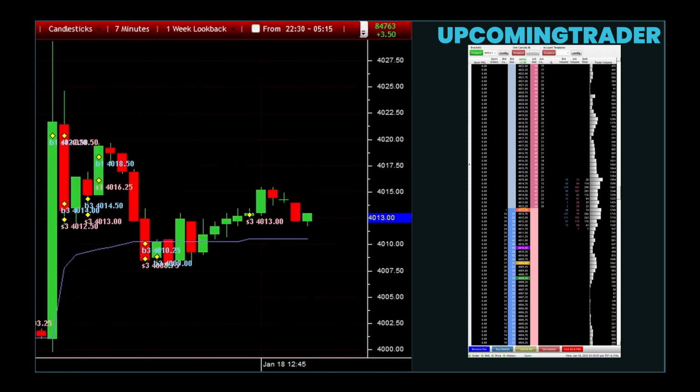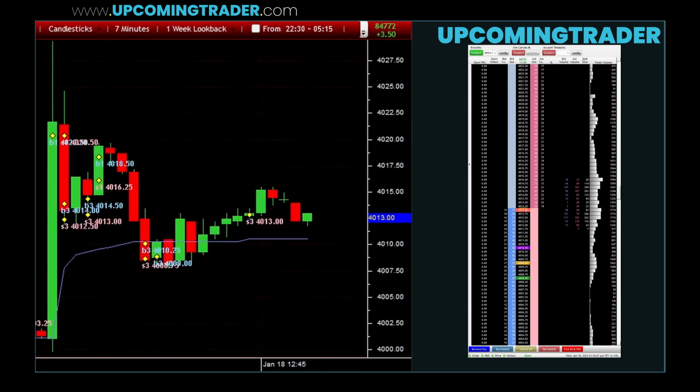There is also an inverse head and shoulders pattern that works the opposite way, signaling a potential reversal from a downtrend to an uptrend. This pattern is typically seen after a strong downtrend, indicating that bearish momentum may be fading and a reversal could be on the horizon.